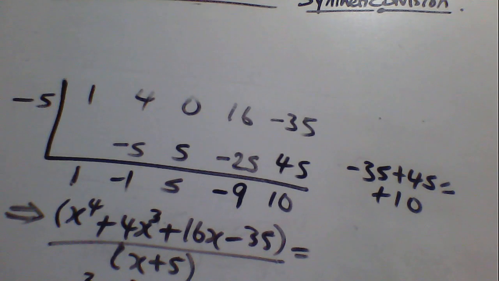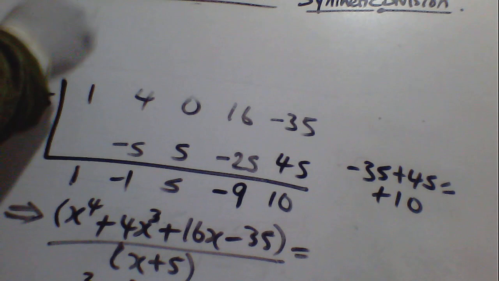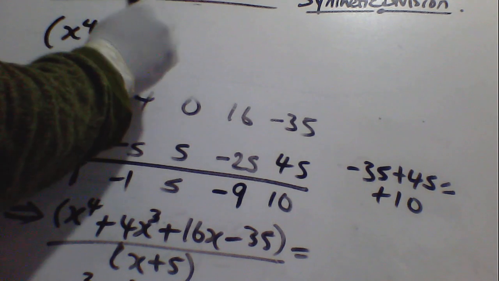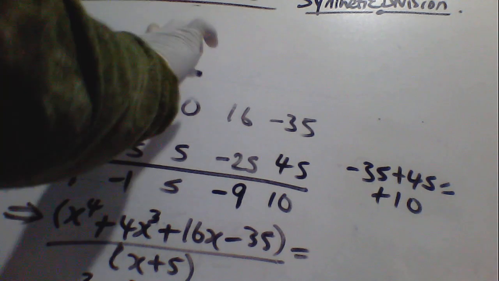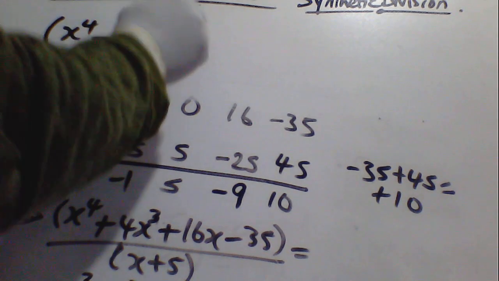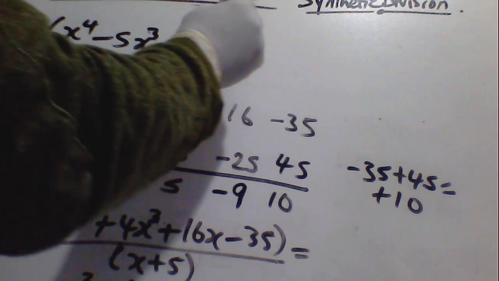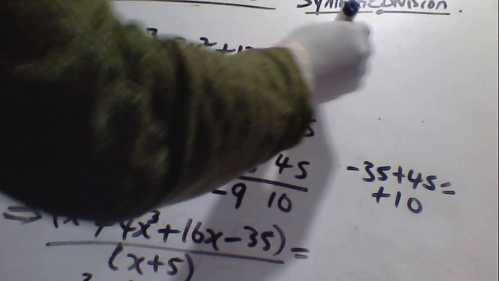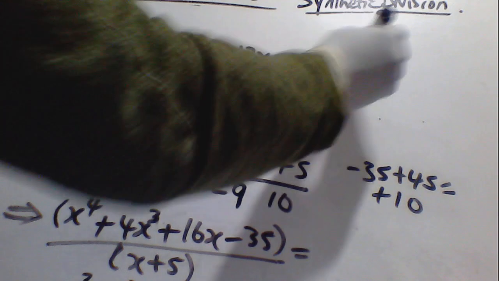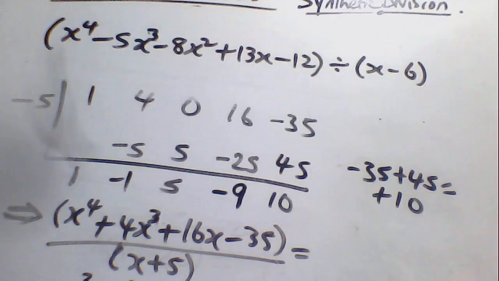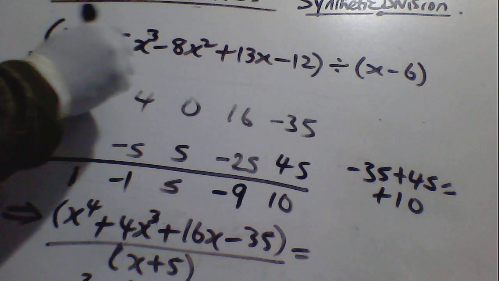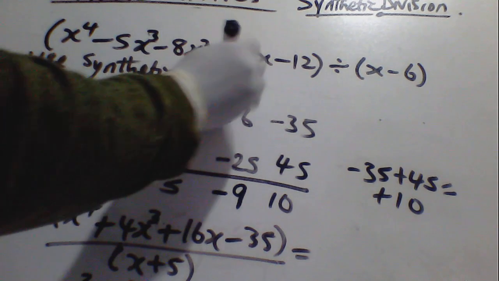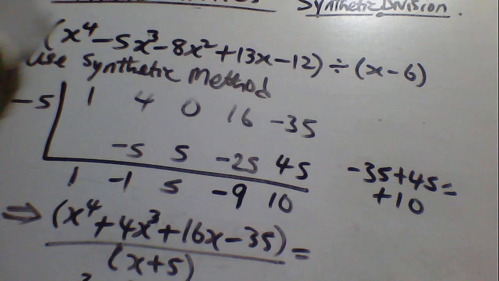Do this one: s raised to power 4 minus 5s raised to power 3 minus 8s squared plus 13s minus 12 divided by s minus 6. We are asked to use the synthetic method. So do it.